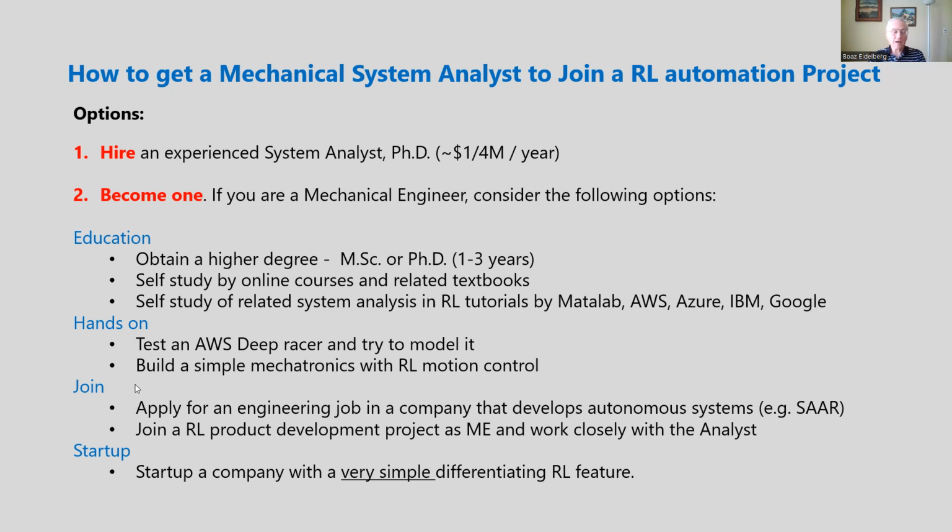And another option is to apply to a company for an engineering job where you may get involved with development of autonomous systems, such as SAR. And once you join a company like this, you would like to join the product development of a reinforcement learning product as a mechanical engineer and work closely with the system analyst.